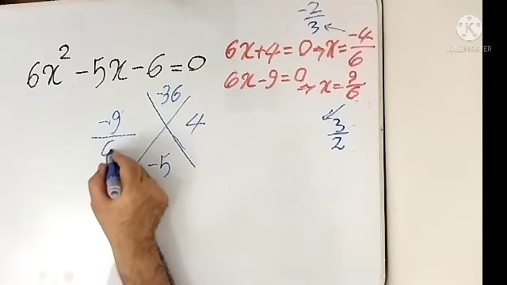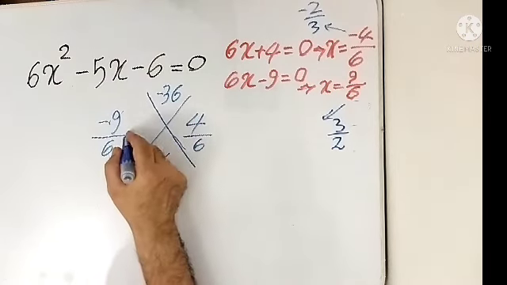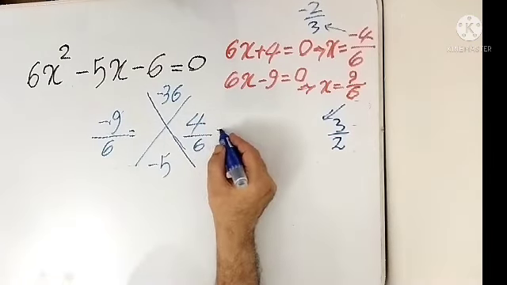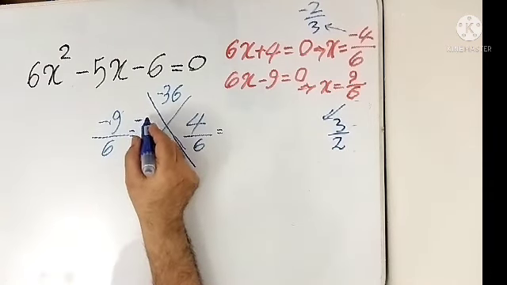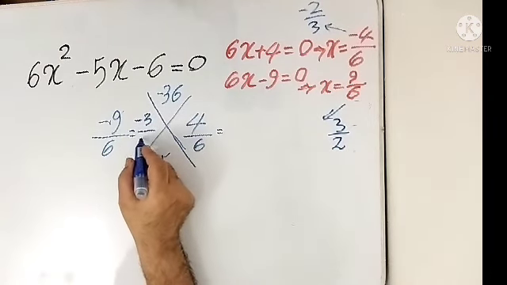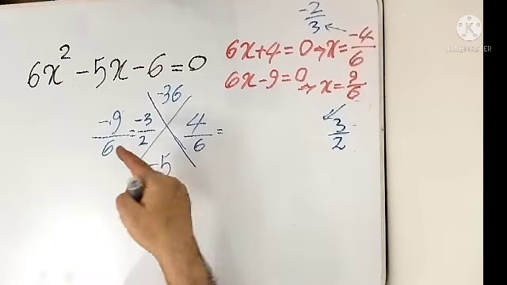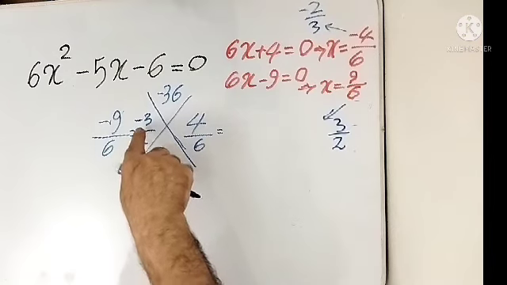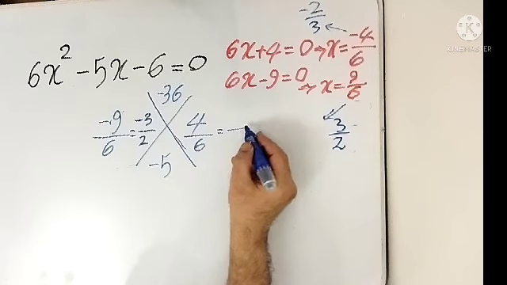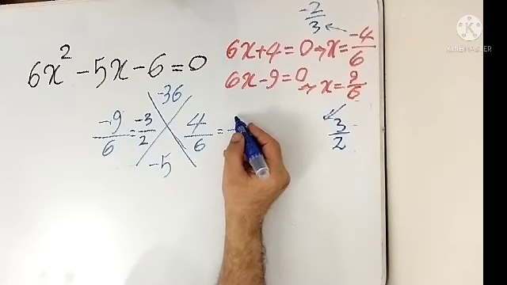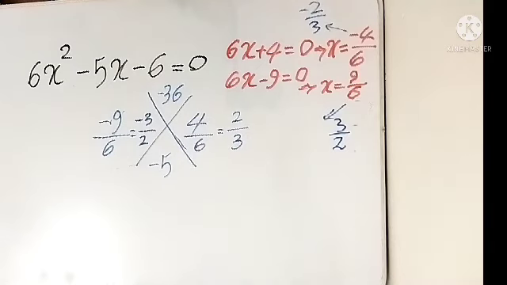Divide the two numbers by A, then simplify the fractions. From the first fraction the result is minus 3 divided by 2, and from the second fraction the result is 2 divided by 3.